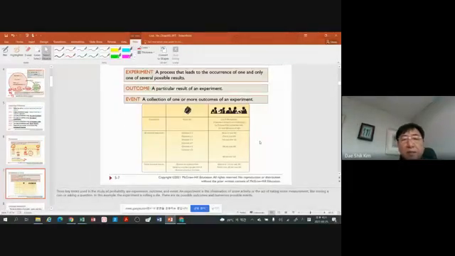Now, an experiment is a process that leads to the occurrence of one of several possible outcomes. One experiment is when you roll a die. Possible outcomes are 1, 2, 3, 4, 5, or 6.